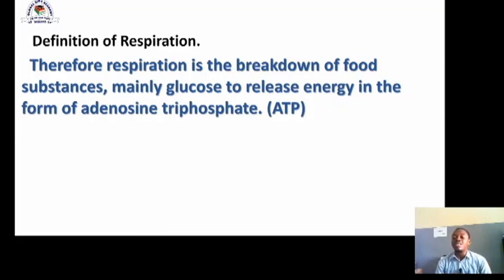You are used to ATP. This is now the full meaning, adenosine triphosphate. The form of energy we need, even as I'm talking to you now, I'm using ATP. So the breakdown of food substance, mainly glucose, to release energy in the form of ATP is called respiration.